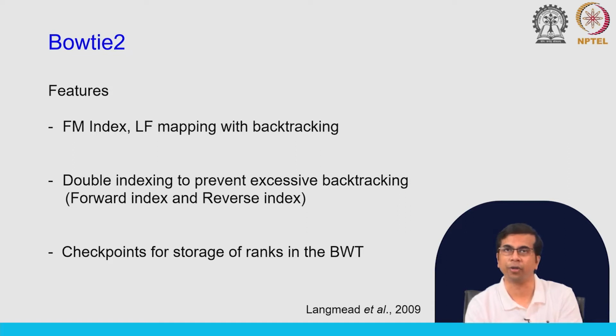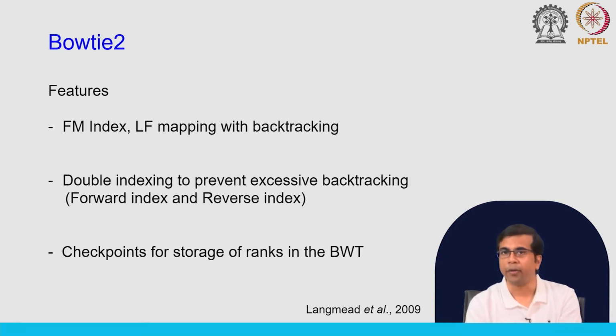If you want to store all the ranks, that will take too much space in memory, or if you want to store them on the hard drive, that will take too much storage. So, you need to optimize this, and you can decide how often you store these ranks, so this method also utilizes these checkpoints.